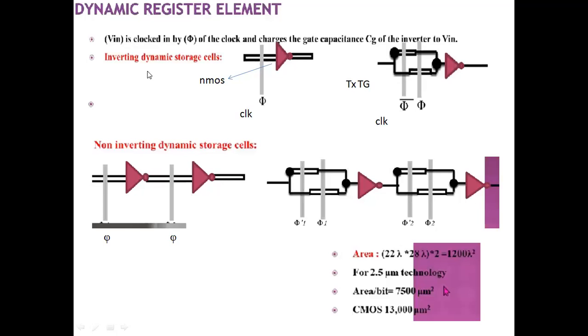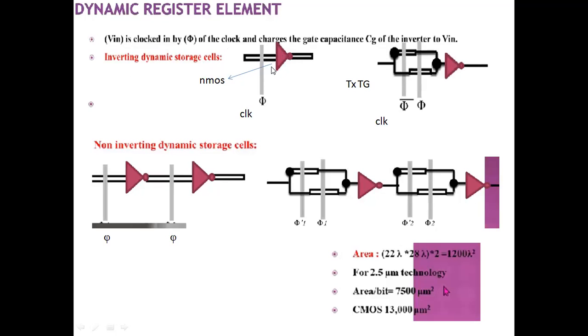So next, coming to the dynamic resistor element, we can have a circuit like this acting as a dynamic resistor element. Here we have the formation of a transistor, followed by an inverter.